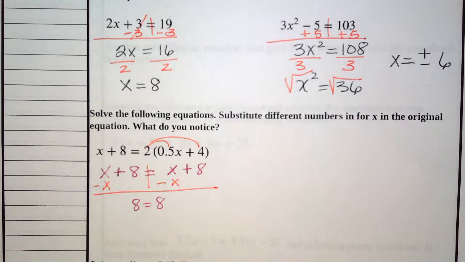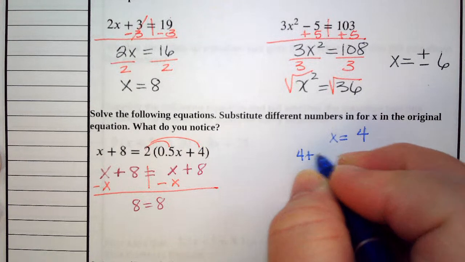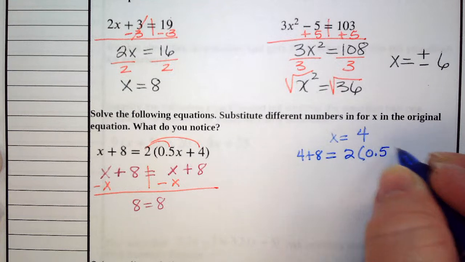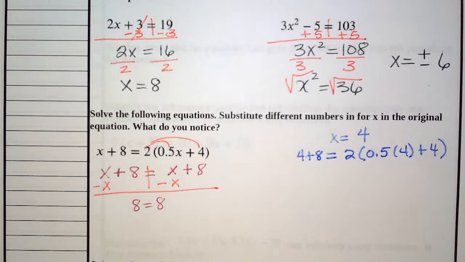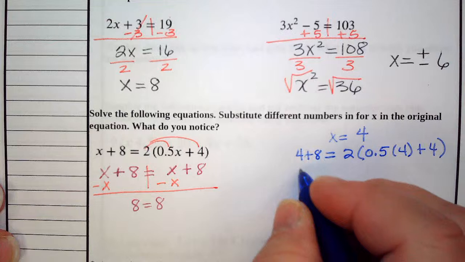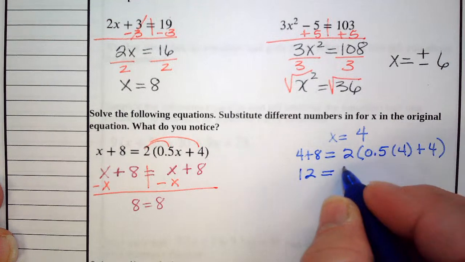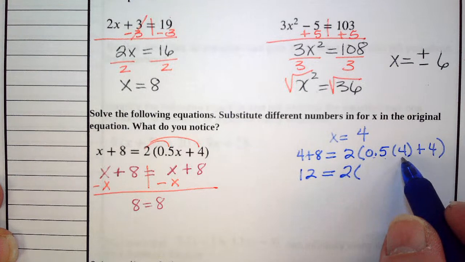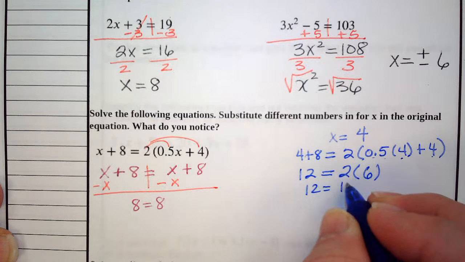So when x is equal to, give me an even number, let's say 4. 4 plus 8 is equal to 2 times 0.5 times 4 plus 4. Well, we know 4 plus 8 is 12, so I've got this side simplified. Parentheses first, 2 times. Okay, half of 4 is 2. 2 plus 4 is 6. 12 is equal to 12.